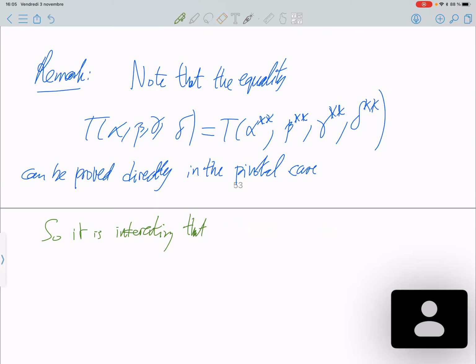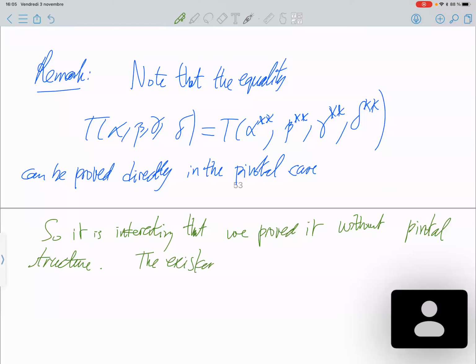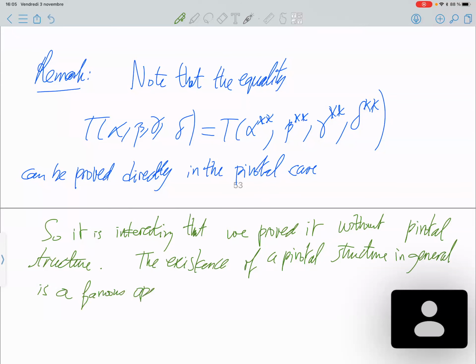Note that existence of a pivotal structure in general is a famous open problem.